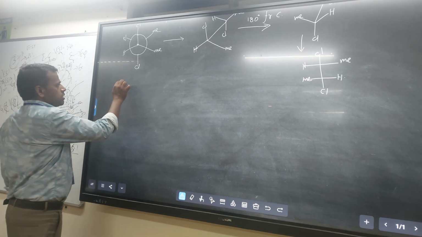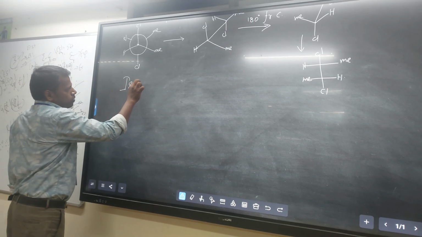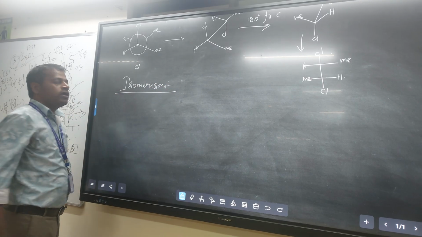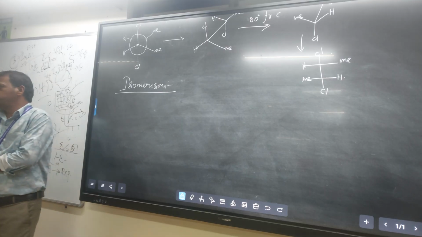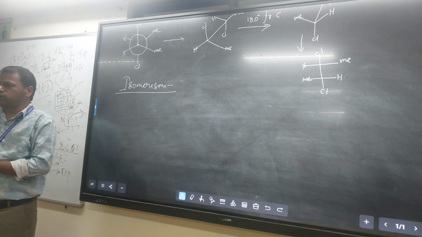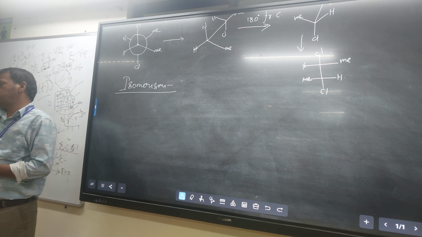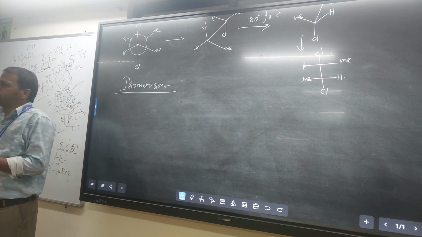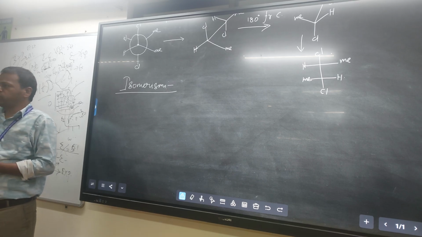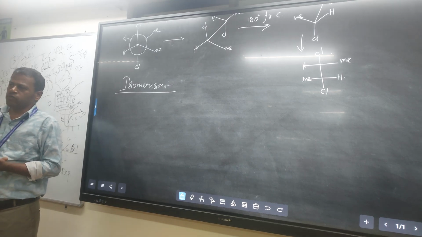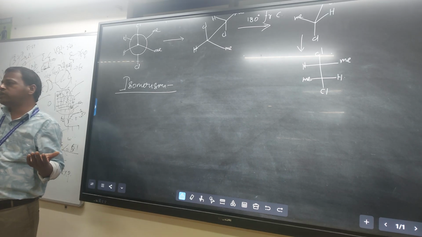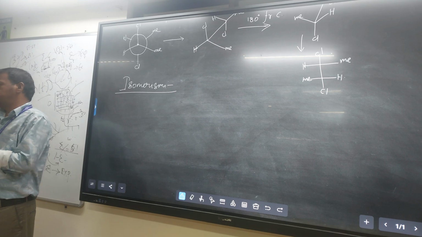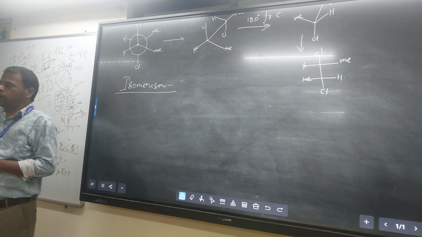Isomerism. When I took the class in the first unit, I informed you that isomerism is there in the third unit also. Isomerism has a very simple definition: same molecular formula but different structural orientation. In inorganic chemistry, isomerism is different: there are structural and optical isomerism.